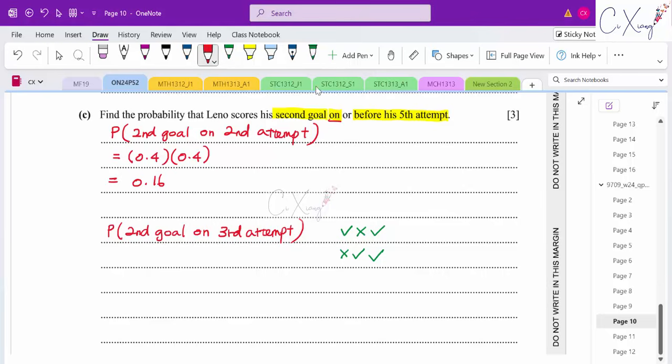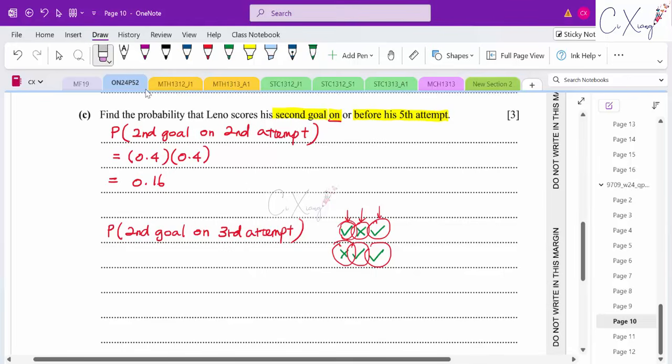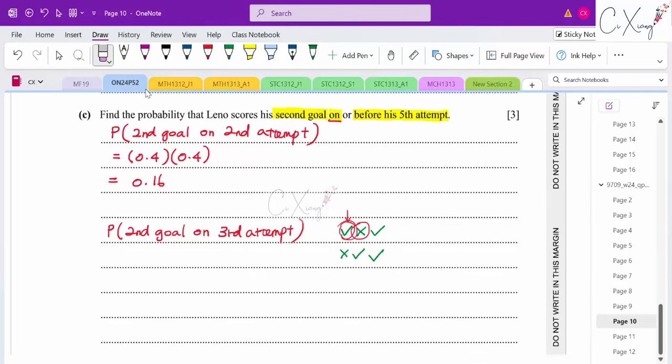If you're having the second goal on the third attempt, there are a few ways to do it. Of course, you can find the probability one by one. So this is 0.6 or 0.4, 0.6, then 0.4. Then this one is 0.6 times 0.4 times 0.4. Then you add the probabilities together. But because I can foresee that later I'm having quite a long result, I will try to use a shortcut here, where I will treat the first two attempts as a binomial distribution.